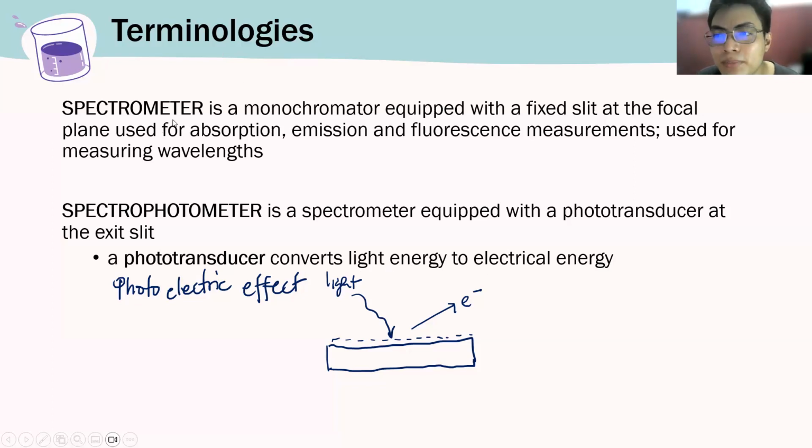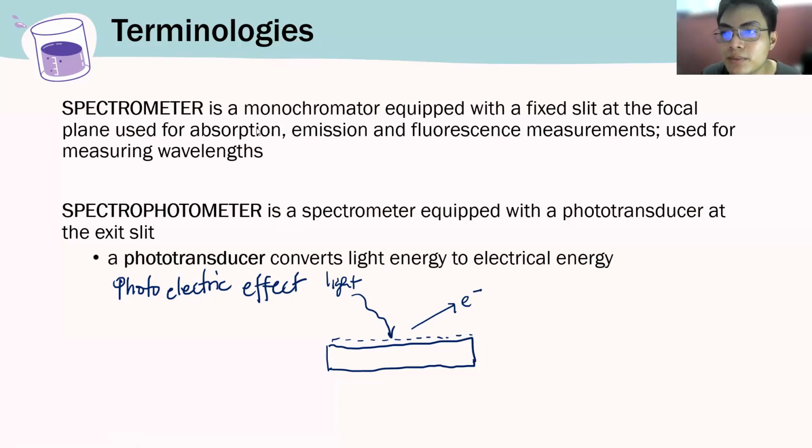While for spectrometer, usually manual yan. Ako nakagamit ako ng spectrometer. Minamanual mo yung adjustment para malaman mo yung wavelength. Ayun, ganun ginagawa namin dyan. So, yun yung mga keywords na may encounter natin throughout this chapter.